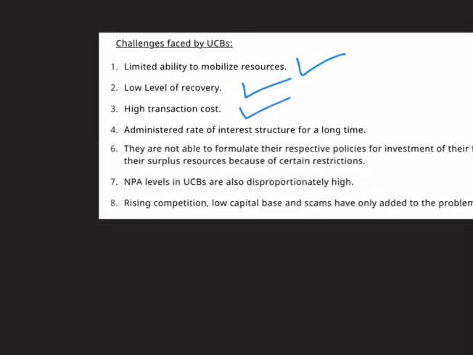They are also not able to formulate their respective policies for investment of their surplus resources because of certain restrictions. And above all, rising NPA, that is non-performing asset levels in urban cooperative banks are disproportionately high. Similarly, rising competition, low capital base and scams are other problems. So the need of the hour is to address all these problems and let the urban cooperative banks grow.